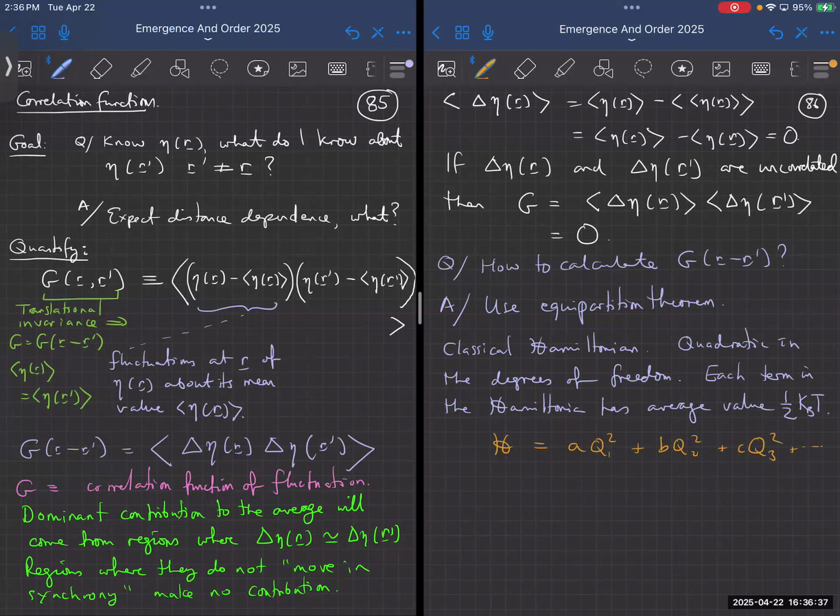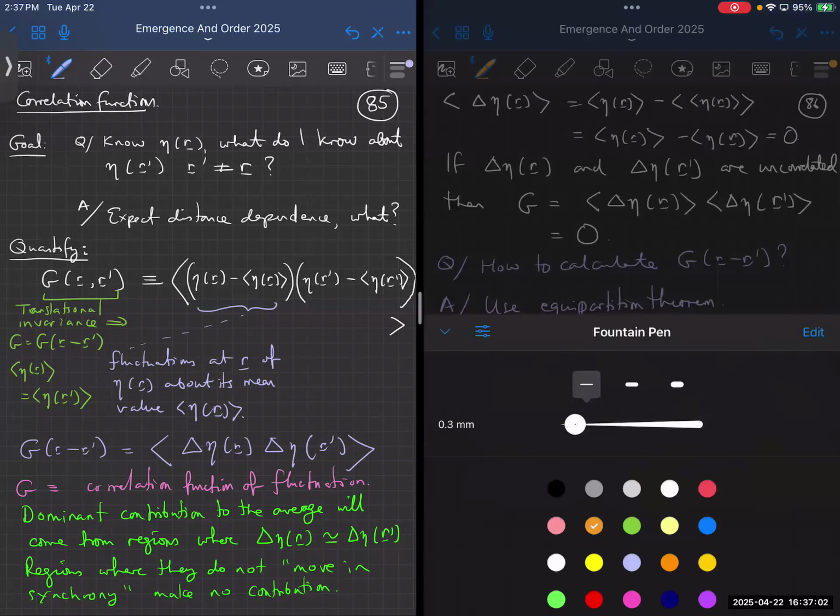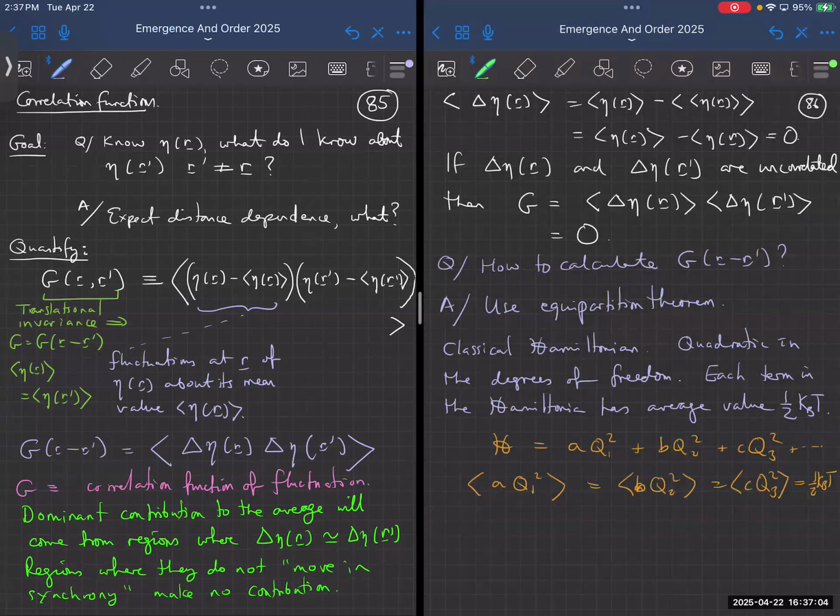And then you should be able to prove the expectation of a q1 squared equals the expectation of b q2 squared equals the expectation of c q3 squared, and that is 1/2 kBT. You should be able to prove that. It's just a Gaussian integral. So if you don't know it, check it.